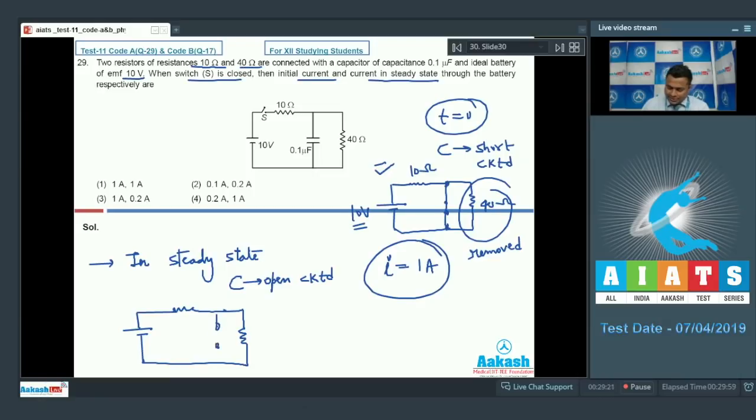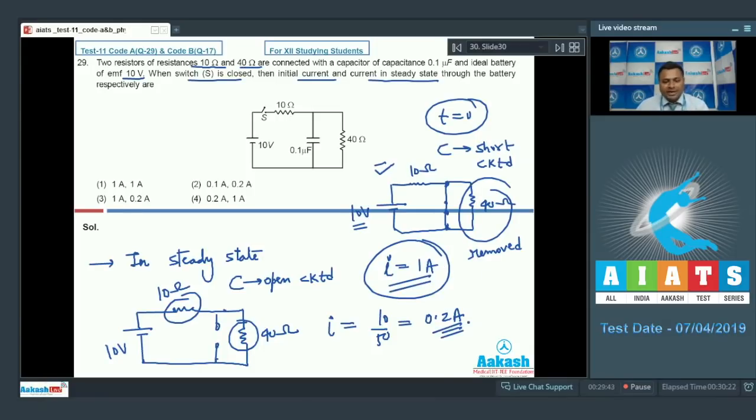The capacitor is open circuited, so we are having total resistance 10 and 40 in series, potential difference 10 volt only, so I in this case will be 10 by 50, that is 0.2 ampere. So current is what? 1 ampere and 0.2 ampere. We can say that option number 3 is absolutely correct, so we will go with third option.